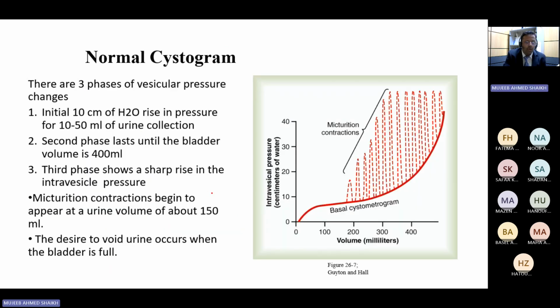How does it happen? This diagram shows you, let's say these are the kidneys, I will draw them very small here, on both sides, sending drops of urine into the bladder.